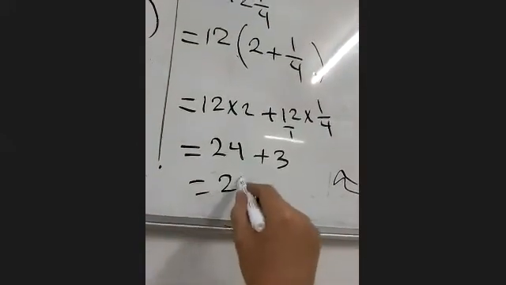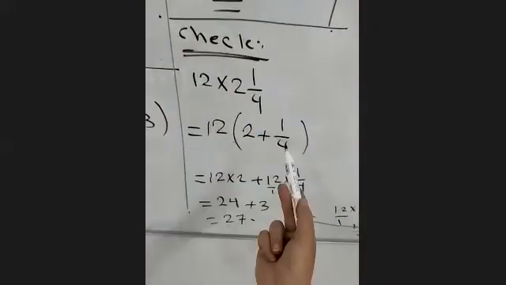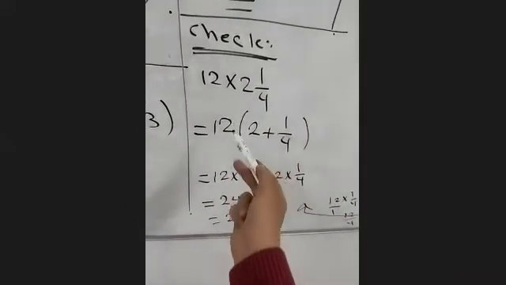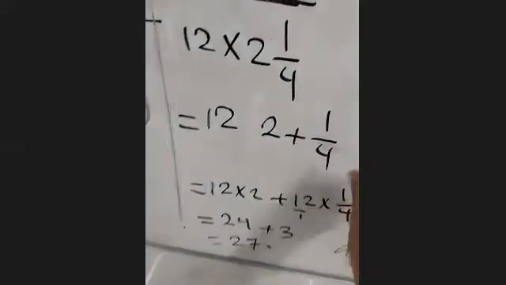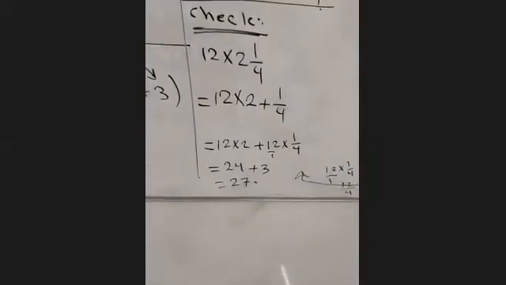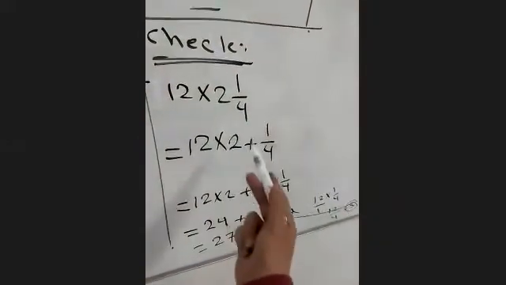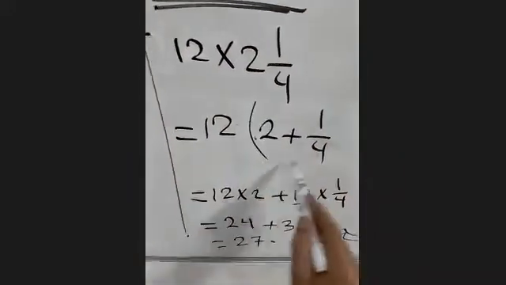Equal 27. Excellent. So here, the 2 and 1 over 4, I make it 2 plus 1 over 4 and make a bracket instead of the multiplication sign. If you make it like this, this is wrong. Why? Because here the 12 is only multiplied with 2, which is incorrect. I need to multiply the 12 with the whole value.